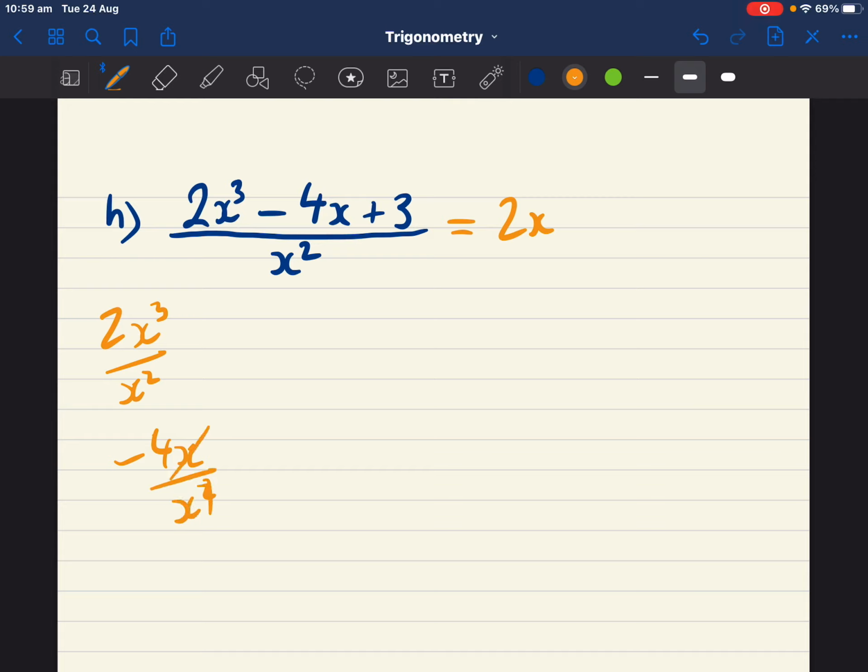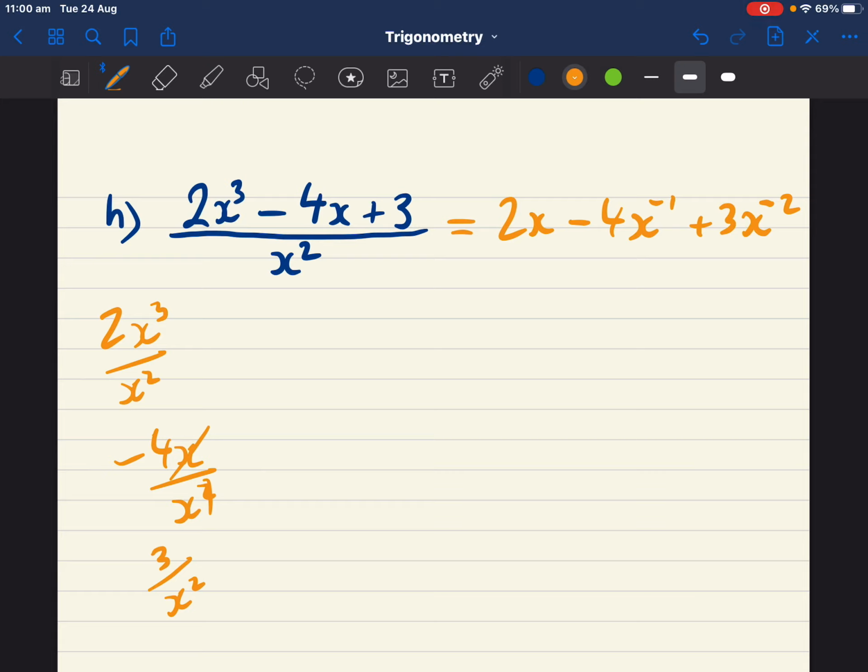You're going to be just left with a minus 4 all over x, which I'm going to bring up, making sure I give it a negative power. And with the final one, you've got 3 divided by x squared, no cancelling there, but I will bring that x squared up, again giving it a negative power.